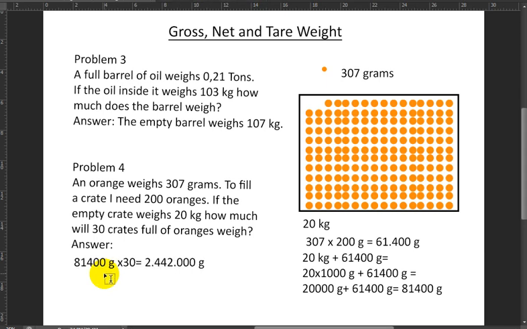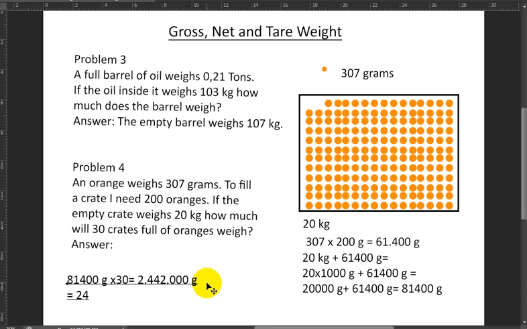Okay, so what is this? This is 2,442,000 grams. That could be my answer. I could just leave it like that, or I could convert it into kilograms, which would make more sense. And I would get 2,442 kilograms, right? Just by dividing this by 1,000.